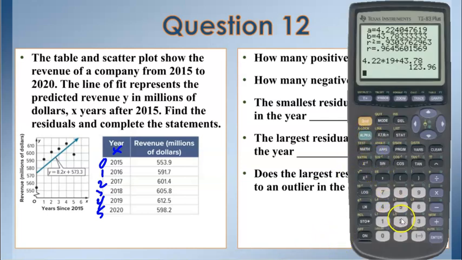So I have 8.2 times 1 plus 573.3, and that's going to give us 581.5.